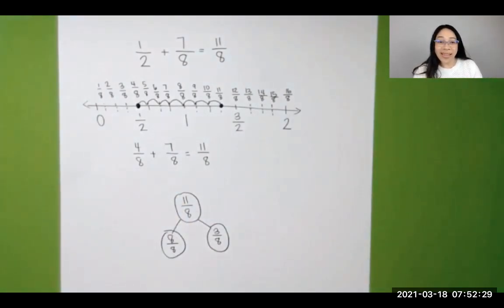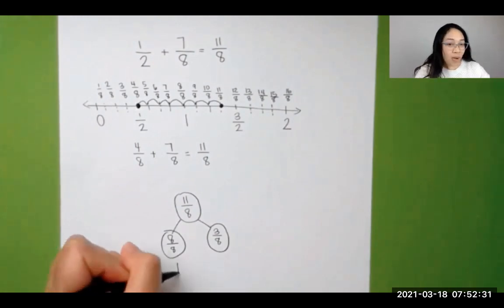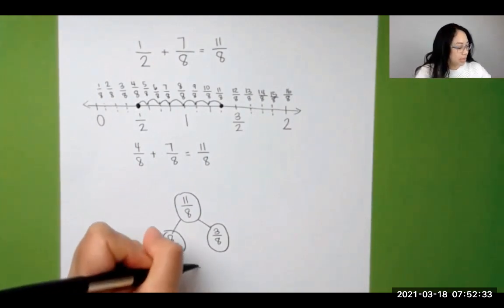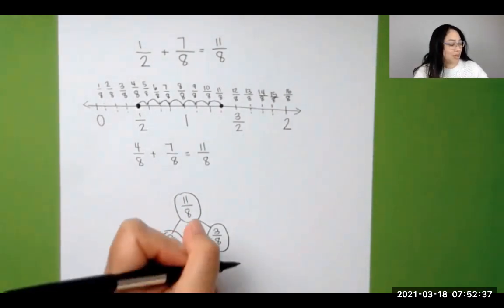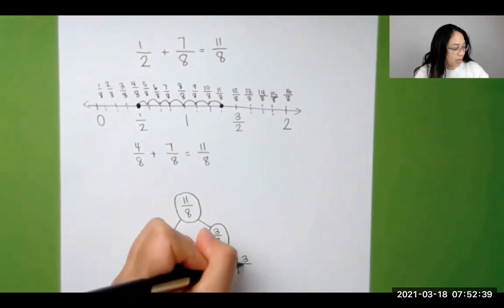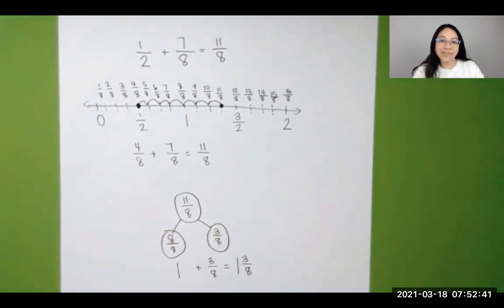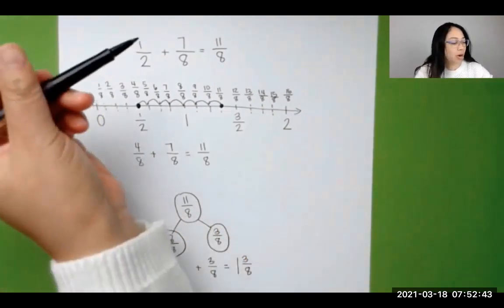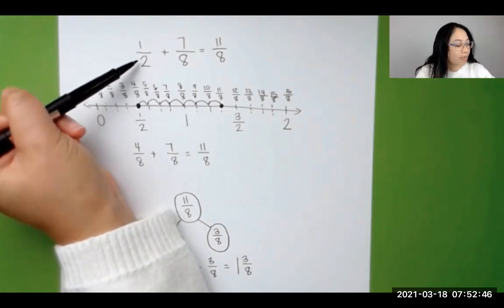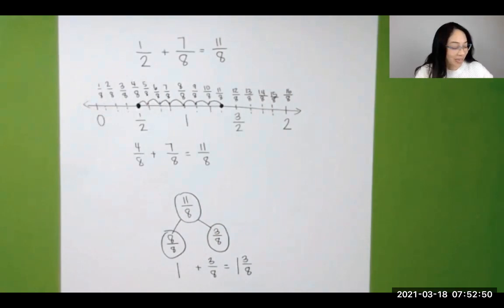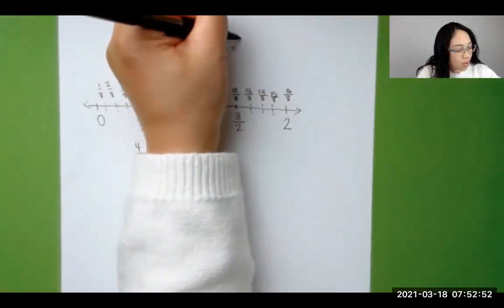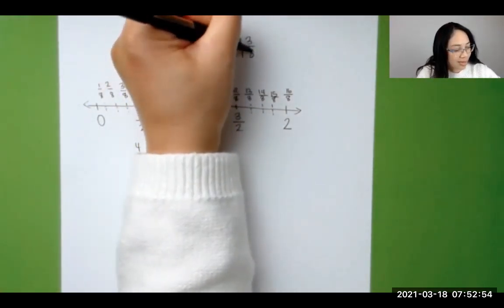We know that 8/8 is the same as 1 plus our 3/8 equals 1 and 3/8. Let's return now back to our original number sentence. 1/2 plus 7/8 equals 11/8, which equals 1 and 3/8.